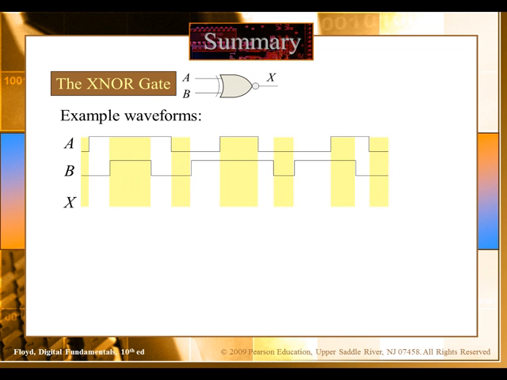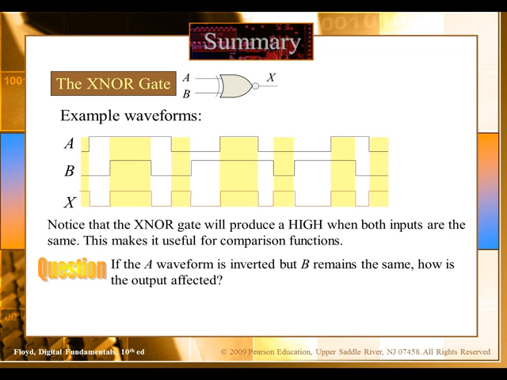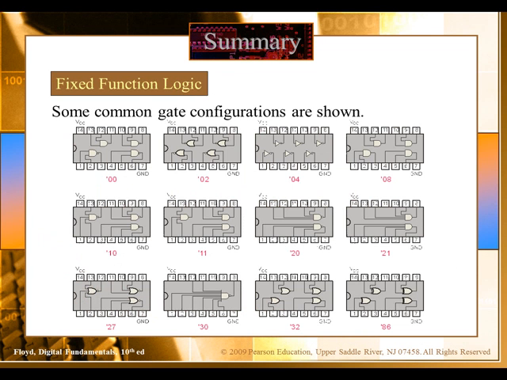In every single yellow block, both of the inputs are either 0 or 1. Do you see it? All the yellow blocks. So these are the places where your X is going to be high, right? That's exactly what we expect. So that is what we have for the logic gate.